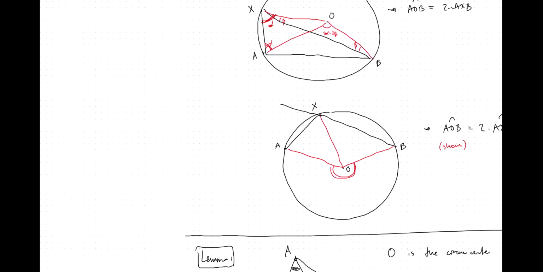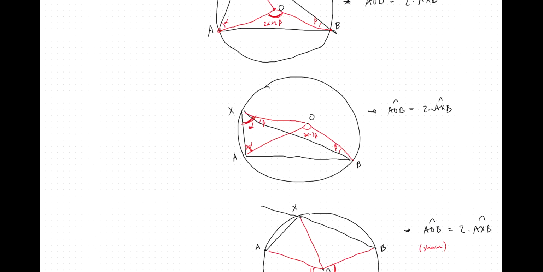Okay, alpha and beta. By knowing alpha and beta, from this alpha, for example, we can know that this is 180 minus alpha. From this beta, we can know this is 180 minus 2 beta. So the difference is 2 alpha minus 2 beta. So it just remains that this angle is 2 times the angle AXB.